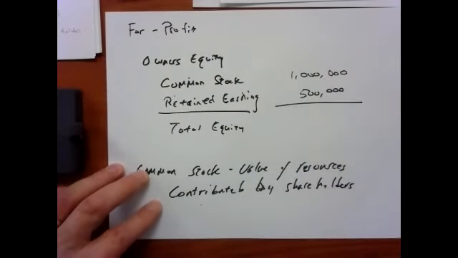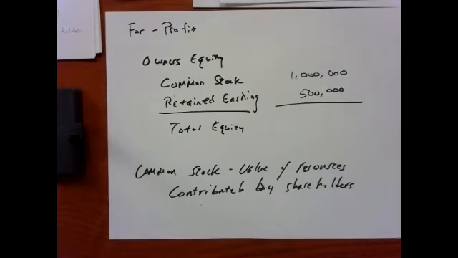as retained earnings. So after the first year of operation, at the beginning of the year, they would have started the corporation. They would have contributed $1 million. That creates the initial common stock value. At the end of the year, they've earned $500,000 in net income that they decide to retain in the business.